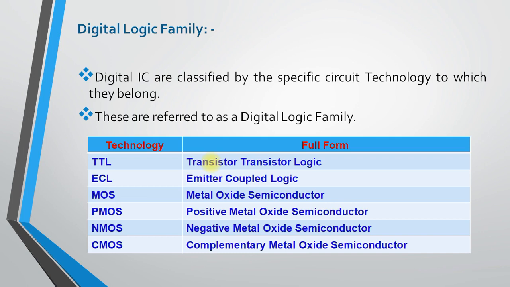Now in the table we have the list of technology and the full form of the given technology. The first technology is TTL. The full form of TTL is transistor transistor logic. Now over here we have two times transistor in the full form, right?